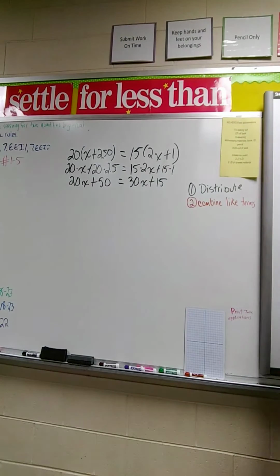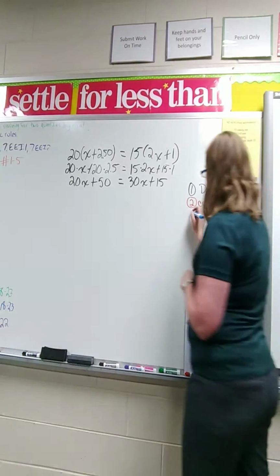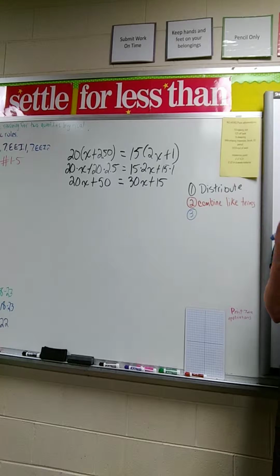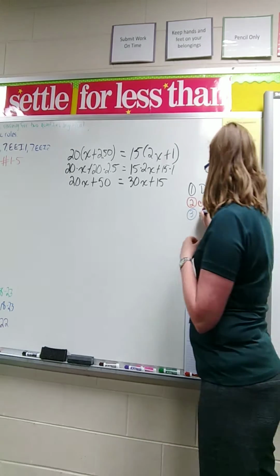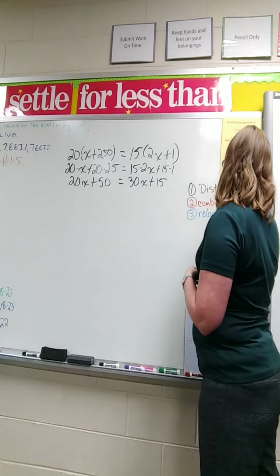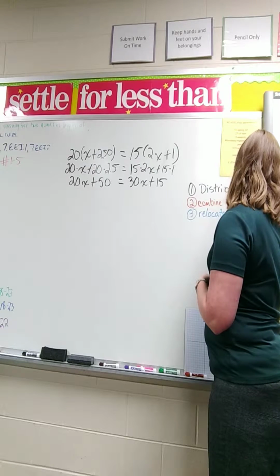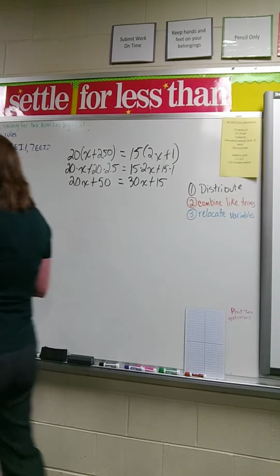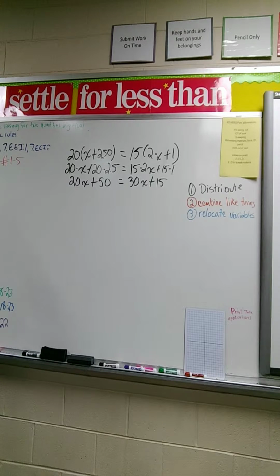Step 3. Transfer variables so that they're only on one side of our equation. I'm going to call that relocate variables. So you know that I said I prefer to move the number that has a lower quantity of the variable.